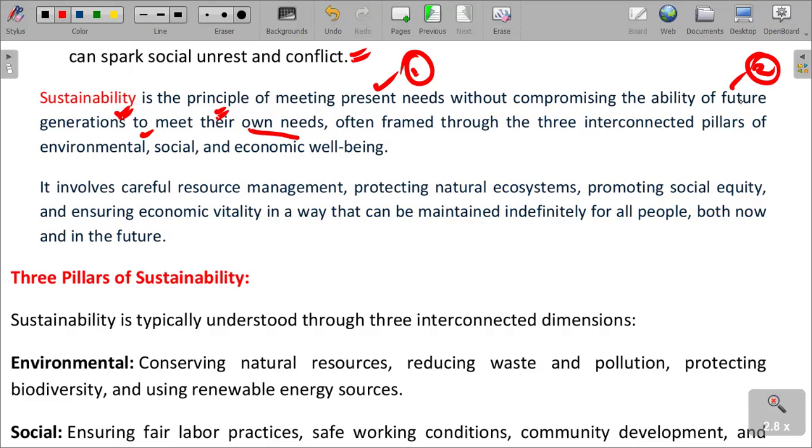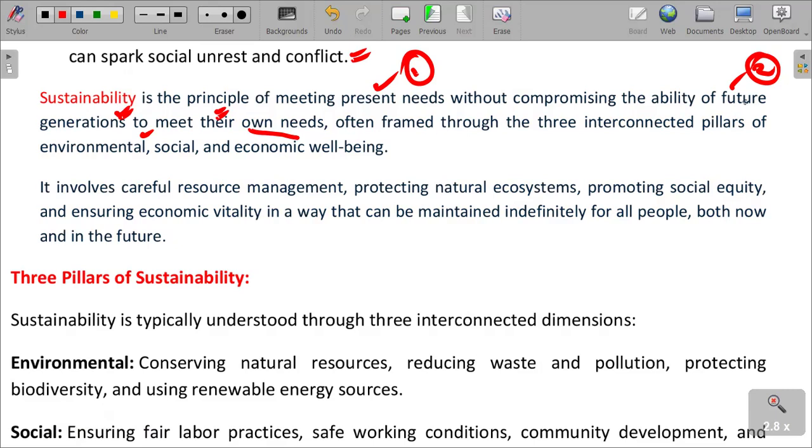So, in this regard, we need to understand that under sustainability, the present population is able to live very well and economically balanced, and they are also not being sacrificed.